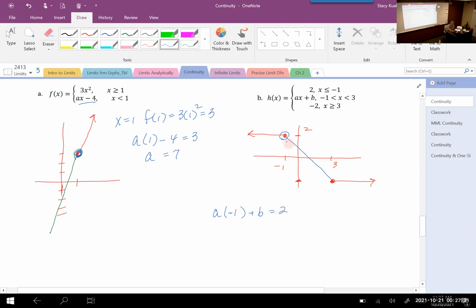Because this blue line, that second equation, has to also at -1 be equal to 2. Then we're going to do the same thing here to find a second equation. So when x is equal to 3, the function ax plus b must be equal to -2.